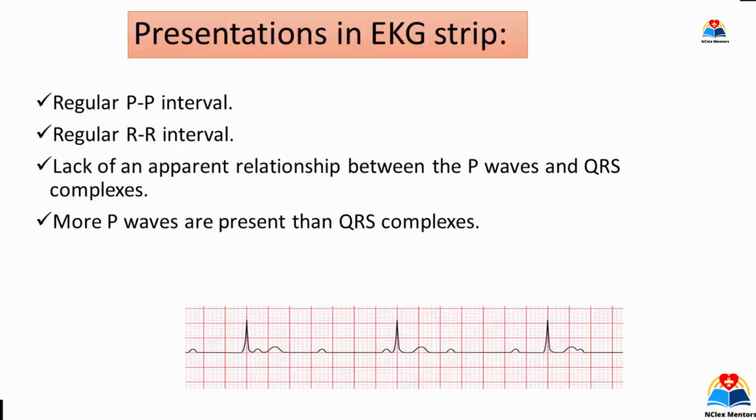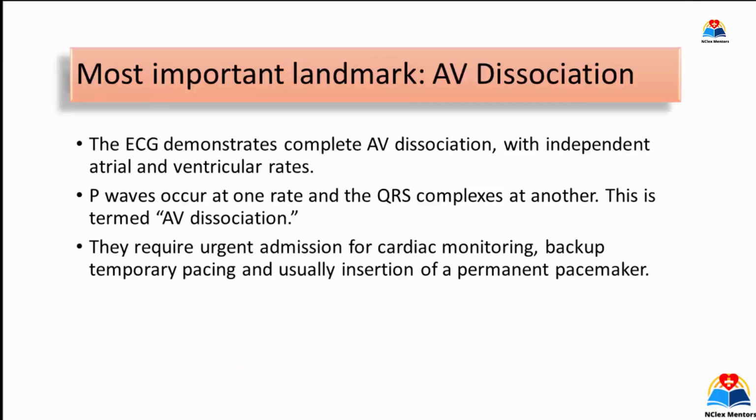Presentations in EKG strip: regular PP interval, regular RR interval, lack of an apparent relationship between the P waves and QRS complexes, and more P waves present than QRS complexes. The ECG demonstrates complete AV dissociation with independent atrial and ventricular rates.